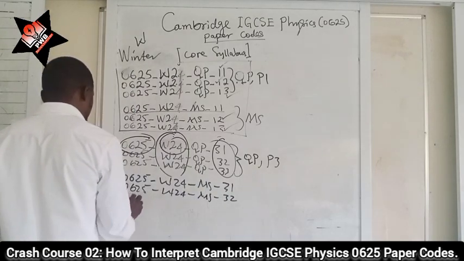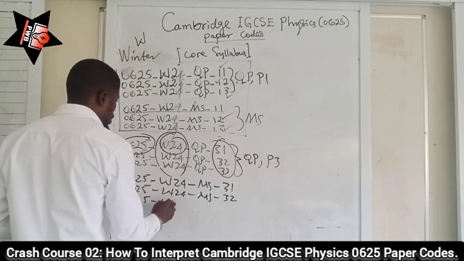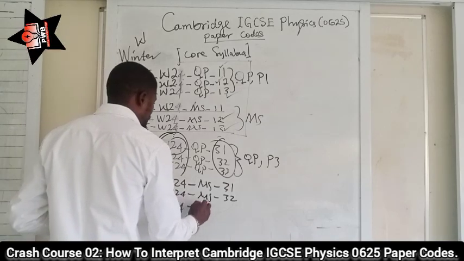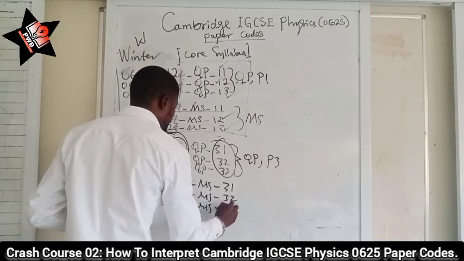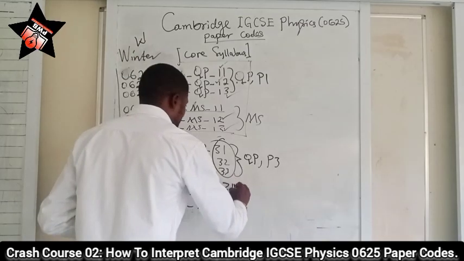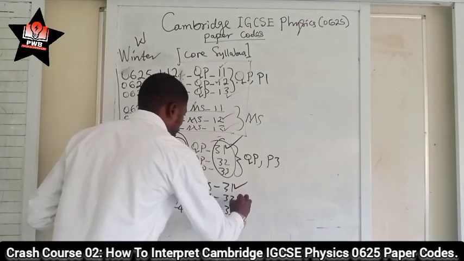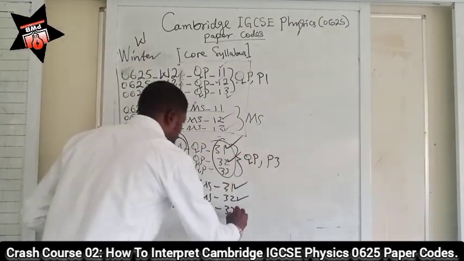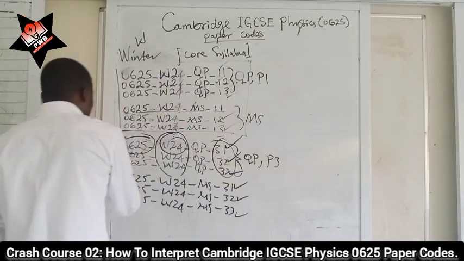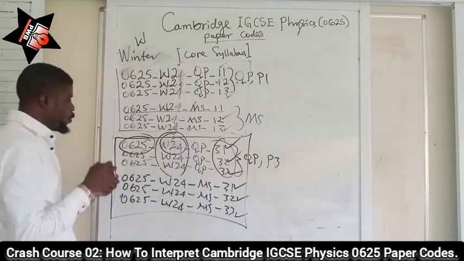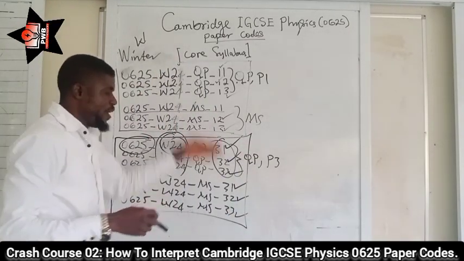You have 0625 W24 MS 33. So this mark guide is for this, and this mark guide is for this. So you download this, and then you have a full package for all the variants.